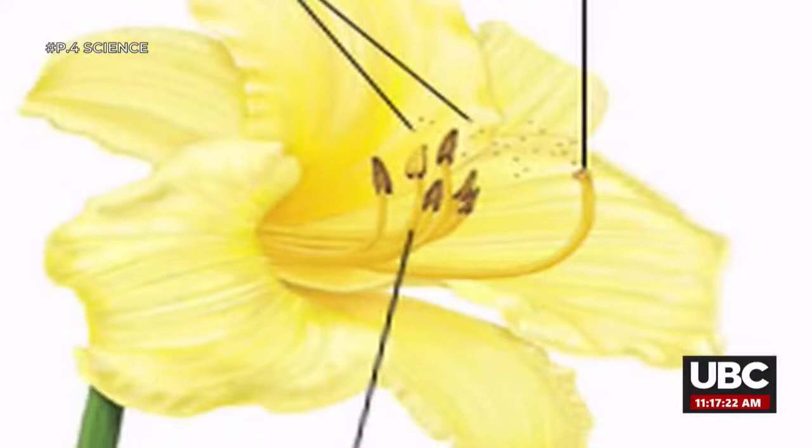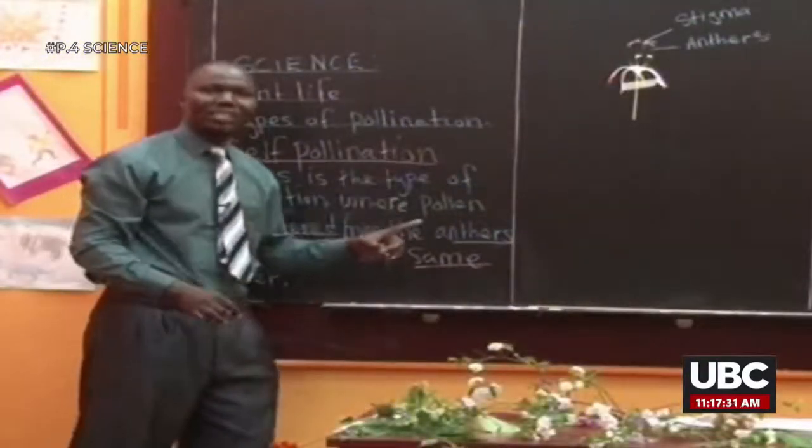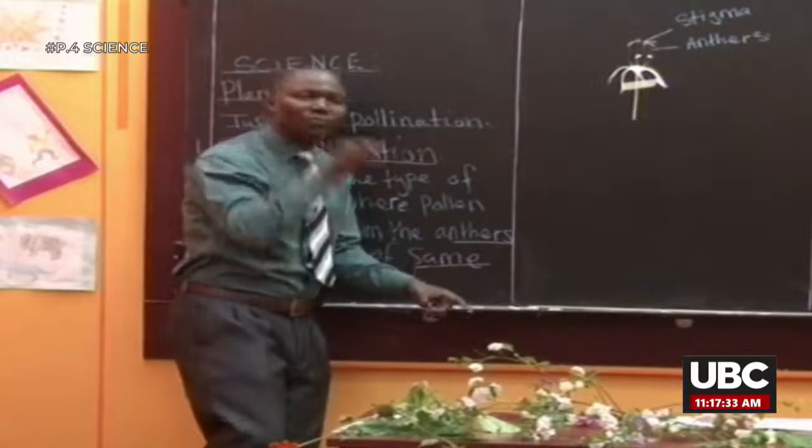Children, the pollen is transferred from the anthers to the stigma, but of the same flower.